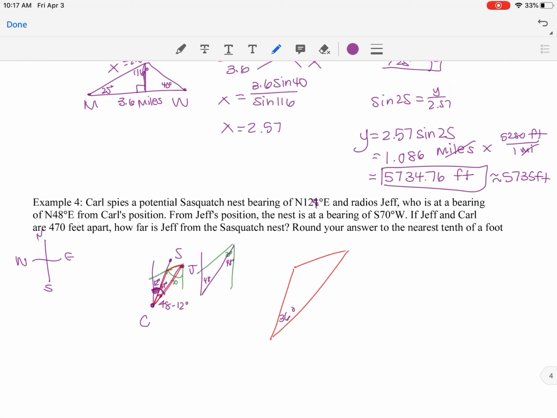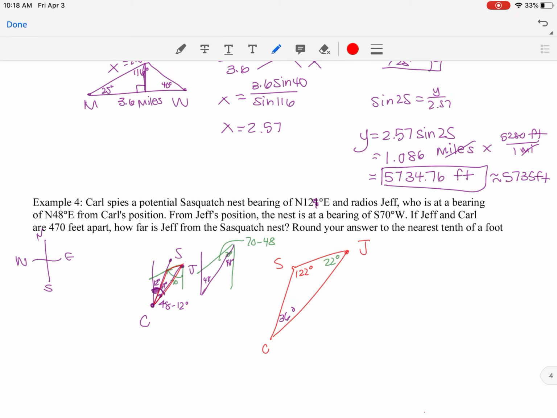Since we have parallel lines here, if this angle is 48, it means that this one also is 48. So the angle we're looking for in the triangle, right there, is going to be 70 minus 48, so it's going to be 22 degrees. To find the last angle in the triangle, if I do my 180 minus 36 minus 22, I end up with 122 degrees.